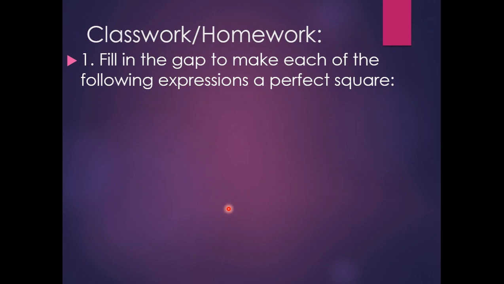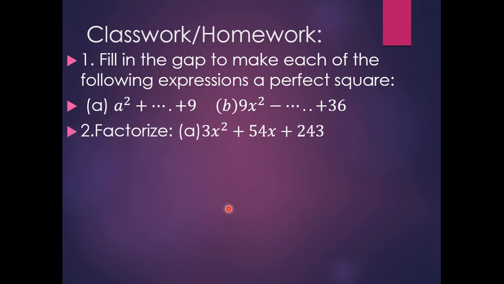So I have given some questions in which you have to use a square plus 2ab plus b square equals a plus b whole square, and a square minus 2ab plus b square equals a minus b whole square. So using the same idea, these questions can be done.